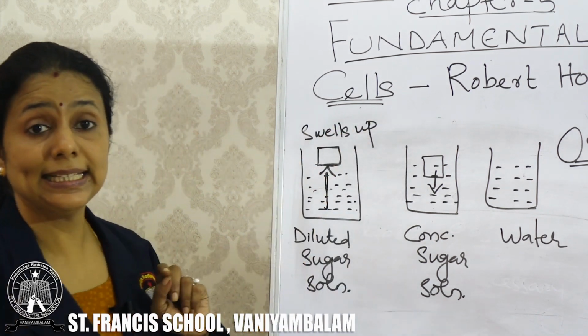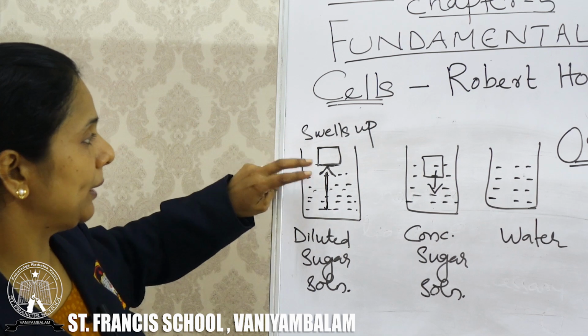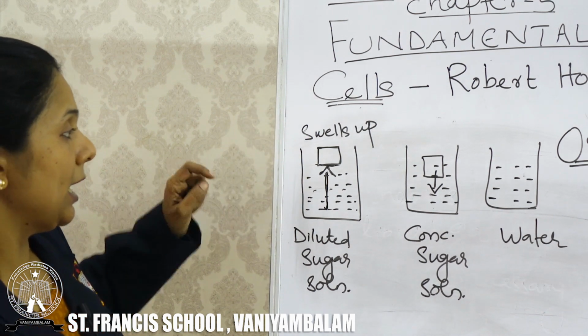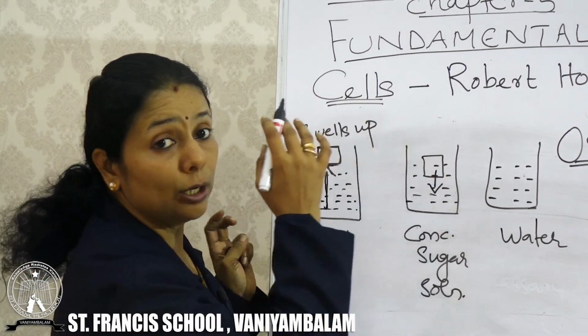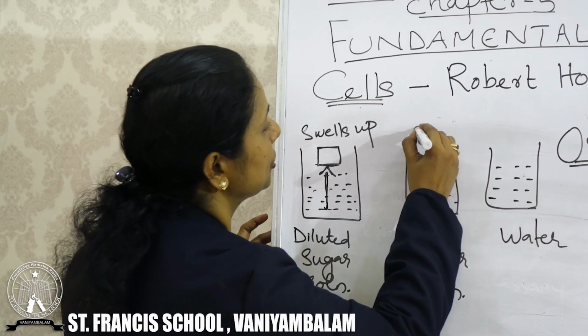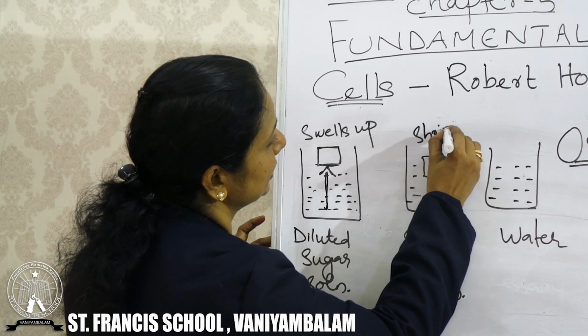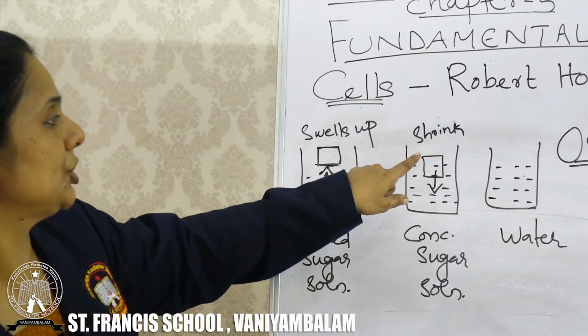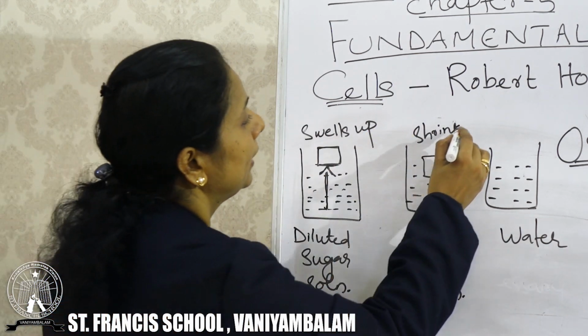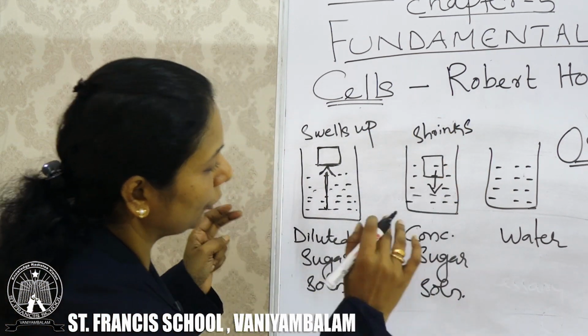It increases in size. So cell size will be more in this case. But here the cell loses water and shrinks. The cell size will become small. The cell shrinks. Now the water is coming out of the cell.